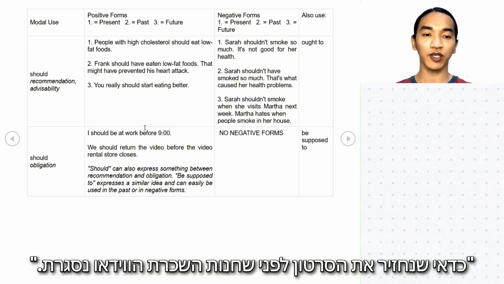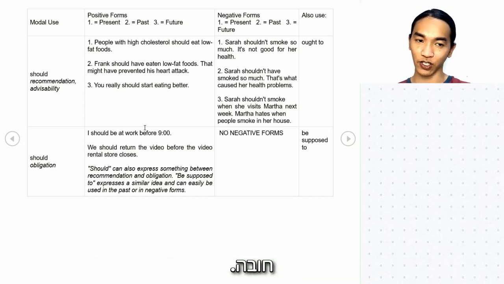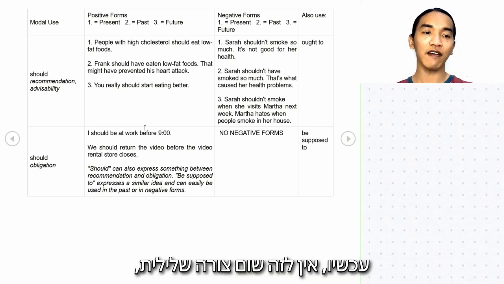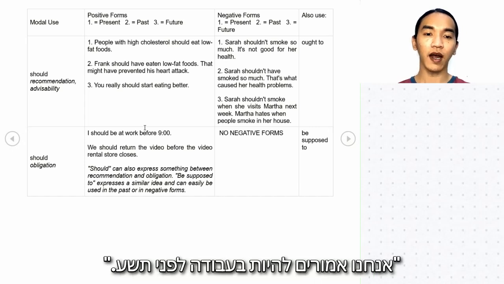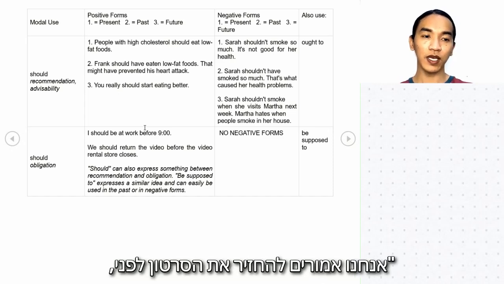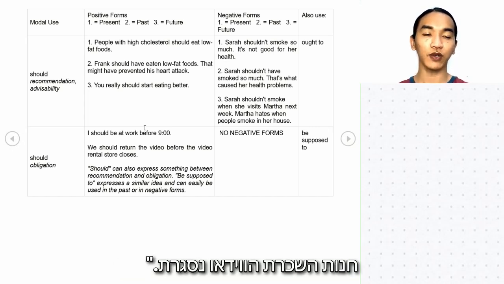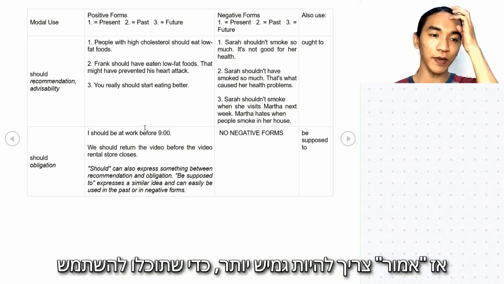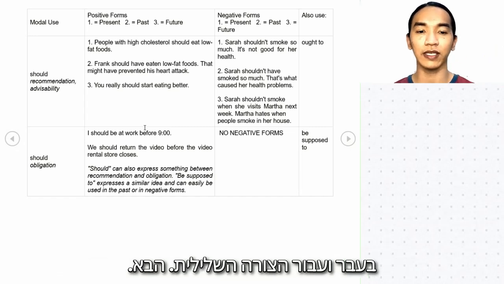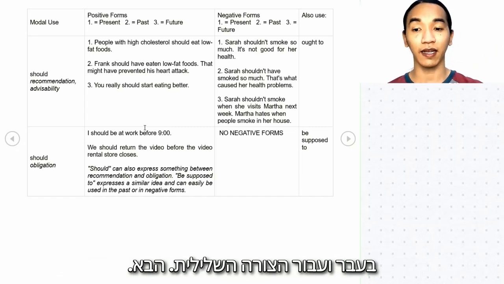We should return the video before the video rental store closes. Okay? An obligation. Now, it doesn't have any negative form. So be supposed to. Okay? We are supposed to be at work before 9. We are supposed to return the video before, okay, the video rental store closes. Okay, so be supposed to is more flexible, which you can use in the past and for the negative form.